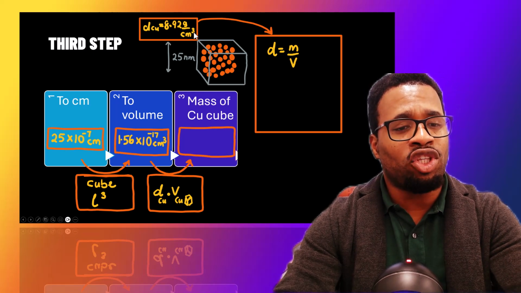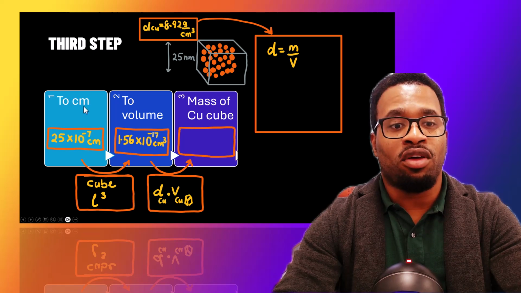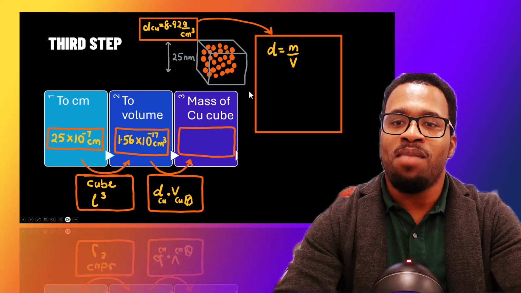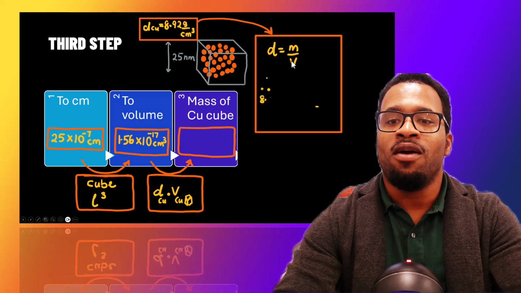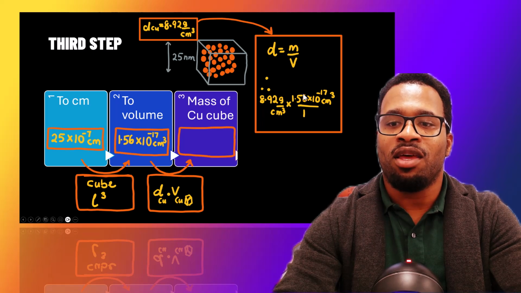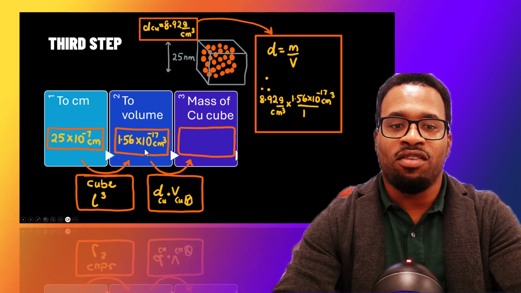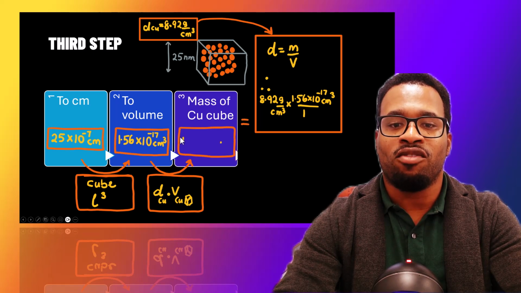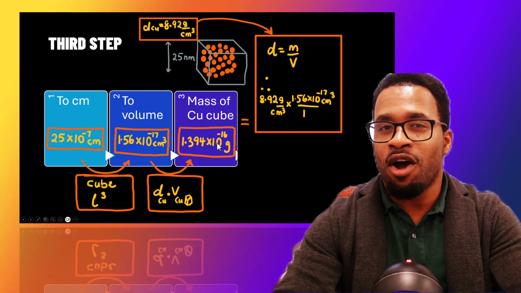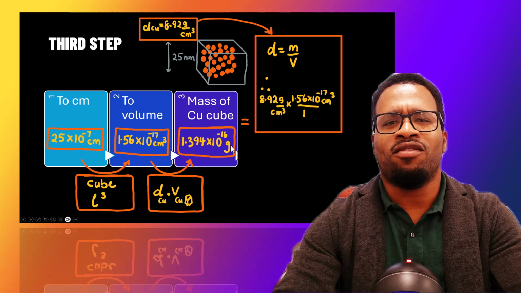That is why we changed this value from nanometers to centimeters, because we are dealing with centimeters here. Multiplying our density by the determined volume enables us to determine the mass to be equal to 1.394 times 10 to the power of -16 grams. Now we have this for our third step.